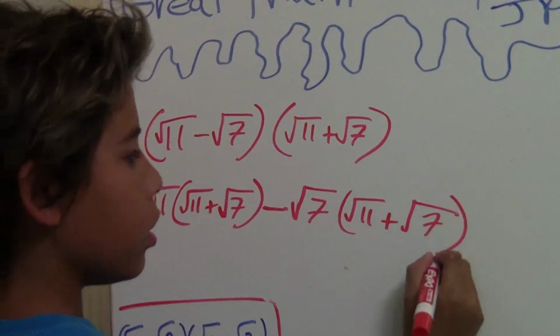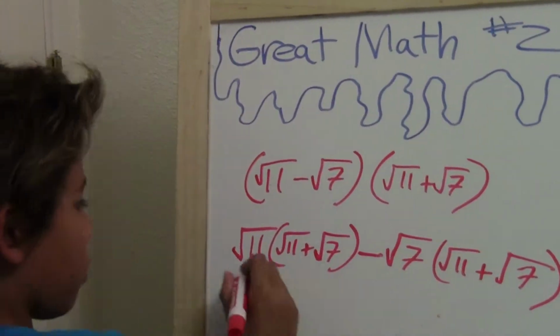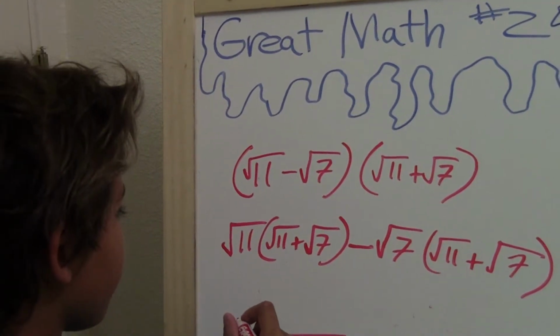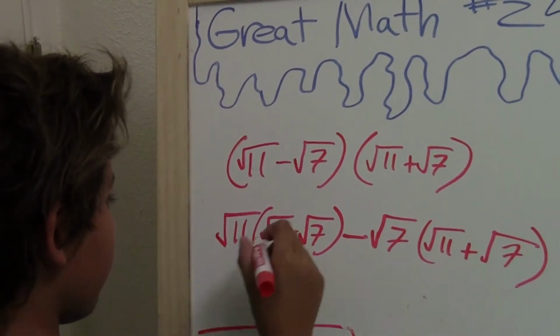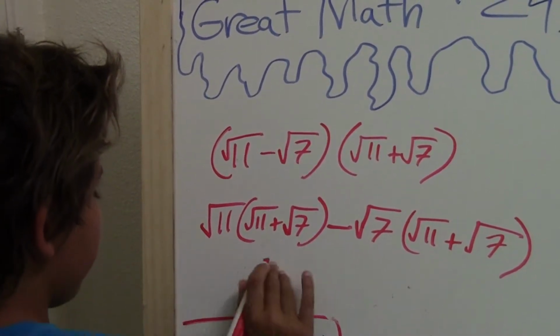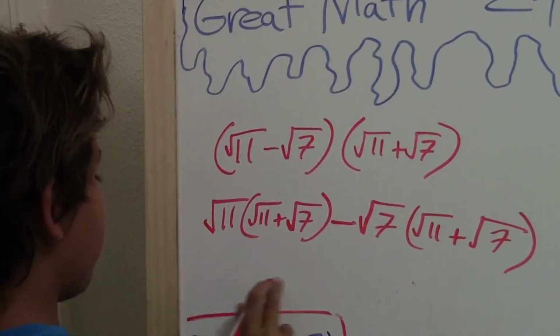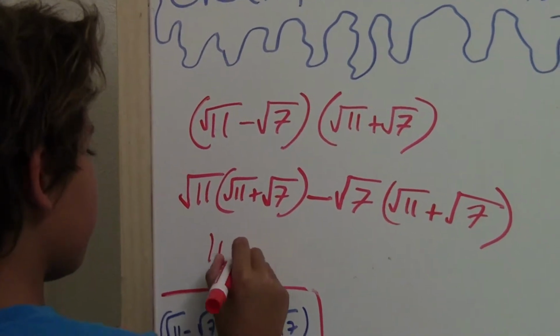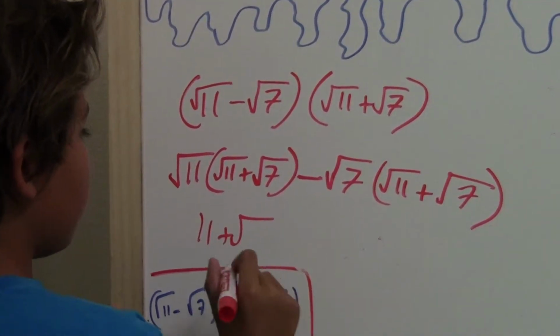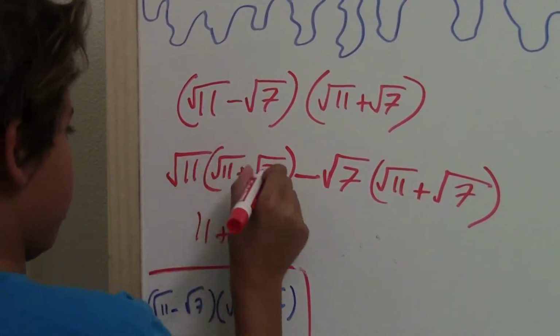Am I right? Yeah. So when we multiply that, that'd be 11 squared, which is just 11, plus square root of 11 times 7, because we're doing it this way.